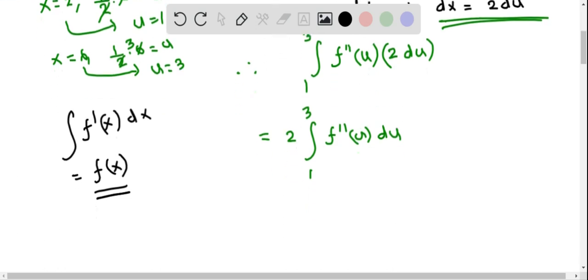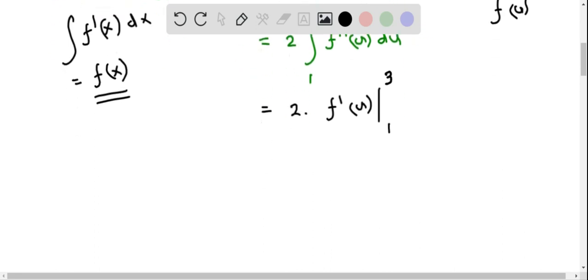Similarly, this is the second derivative of the function f of u. So when we integrate this second derivative, we get the first derivative. So we can put this as 2 times f prime of u, and this must be evaluated from 1 to 3. So let's apply the limits now.